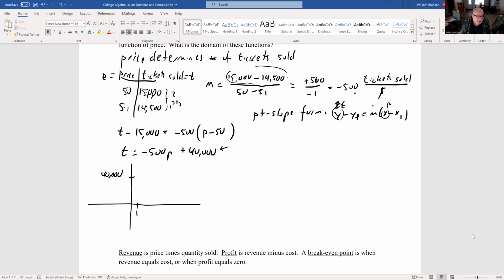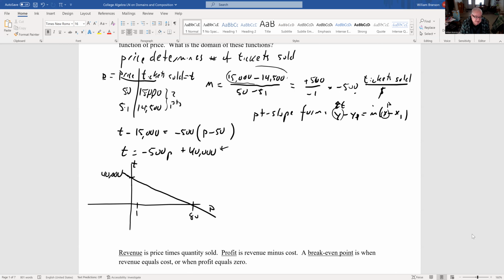And so you would sell nothing at 40,000 over 500, which is when you set the price to 80. And so this is my P axis for price and my T axis for tickets sold. And there's the equation of the line.